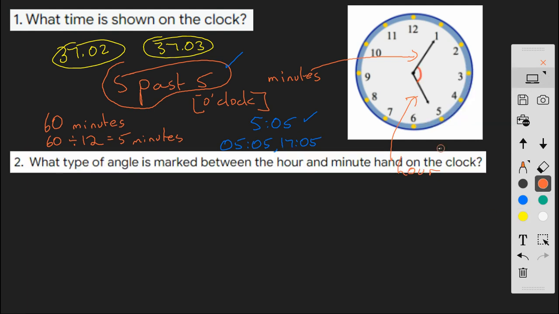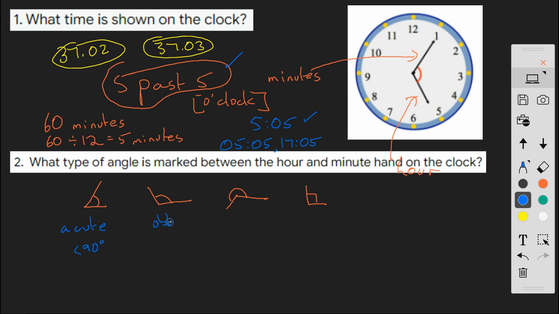Now, we've mentioned before that one of the reasons why we do these 5 a day is to make sure that we don't go into our exam not knowing what some of the key words are in our GCSE maths. And we have a number of different types of angle that we need to know the name of. We have acute angles, which are less than 90 degrees.